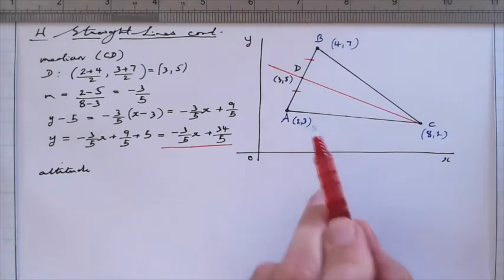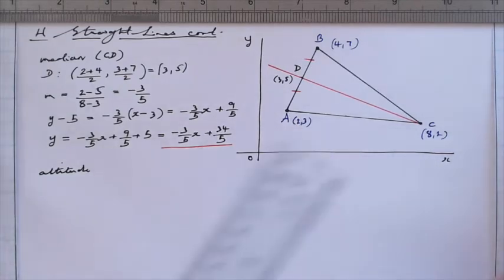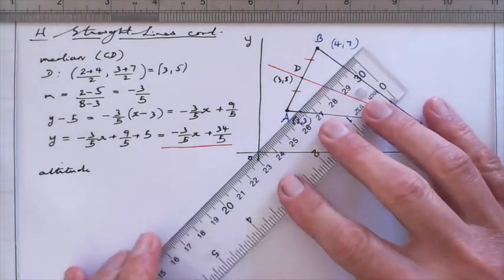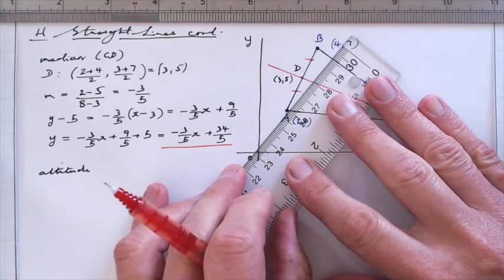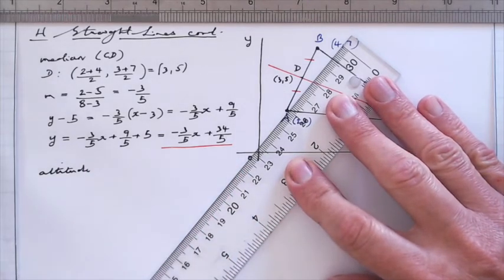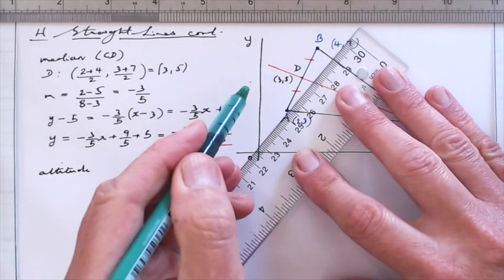Now the altitude, let's do it again. Altitude is defined for each vertex. Let's do the altitude for vertex A, and the altitude is a line that crosses the opposing line at a right angle. Let me do this in green, actually, it'll stand out better. So here we are.